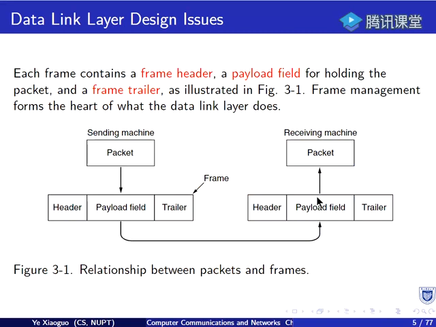Each frame contains a frame header. This is a frame header. Each frame contains a frame header and a payload field for holding the packet. The packet is taken from the network layer, then appended with a frame trailer, or tail.